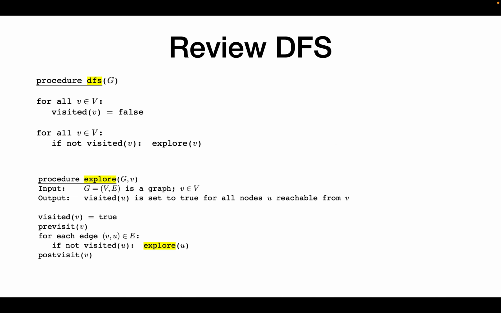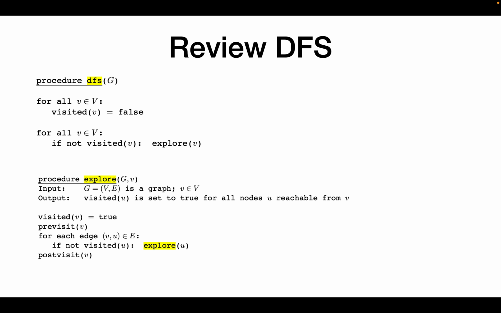So let's think about depth first search really quick, just in case you haven't seen it in a while. So this is pseudocode copied from my textbook. Sorry, I forgot to cite it here. So depth first search is a function that's given a graph as input. And for all vertexes in the graph, it sets a visited array to false for every vertex.